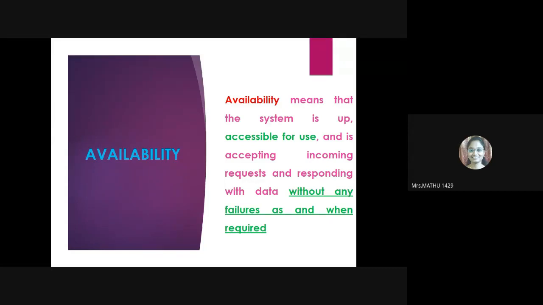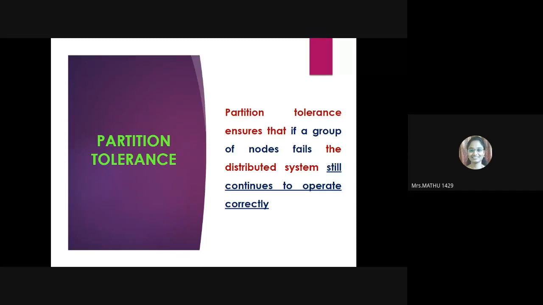The third property of the CAP theorem is partition tolerance. What is the meaning of partition tolerance? It ensures that if a group of nodes fails, the system should still be able to operate correctly.